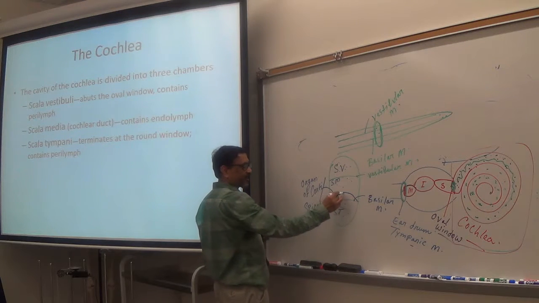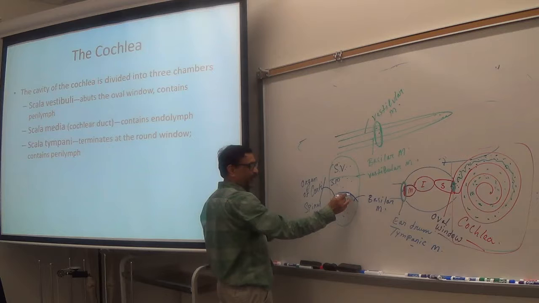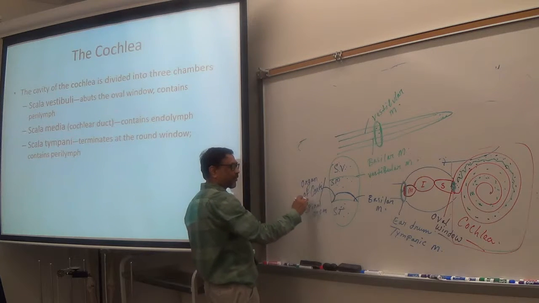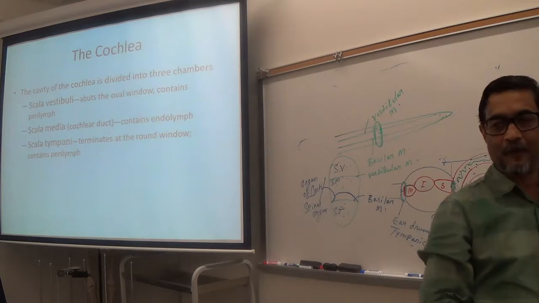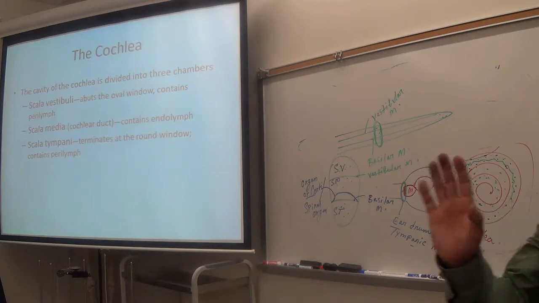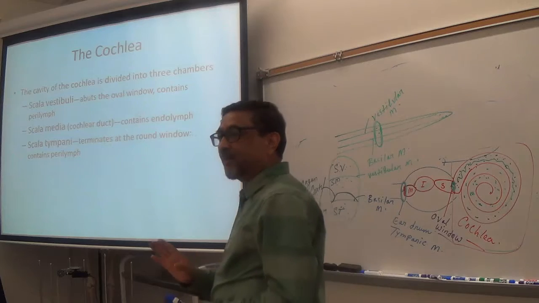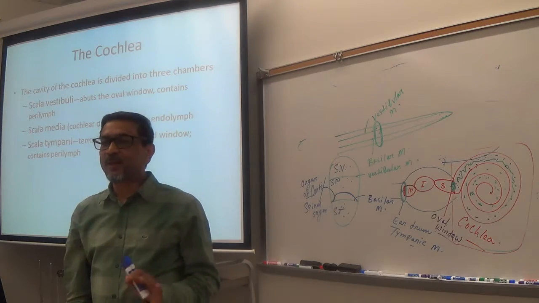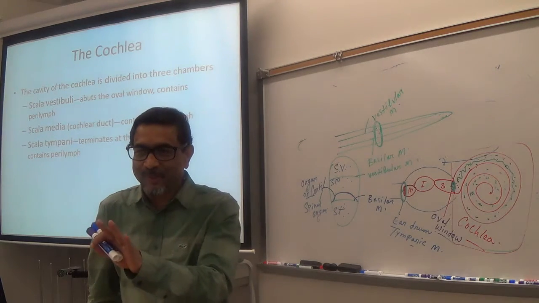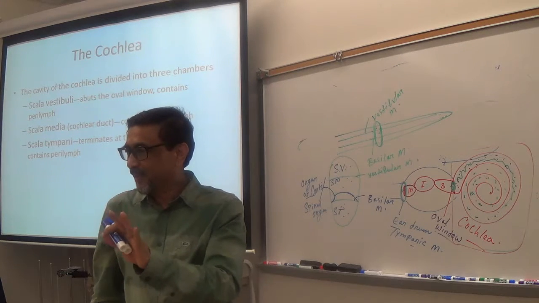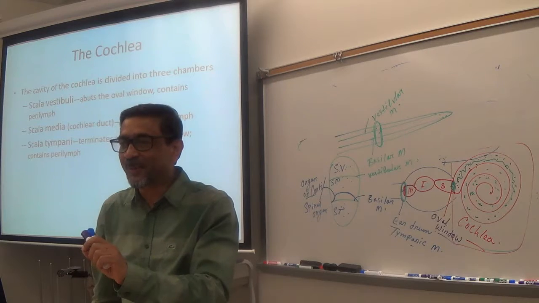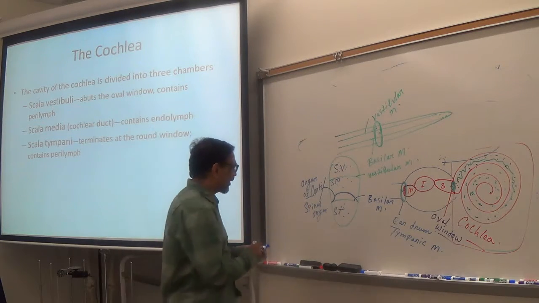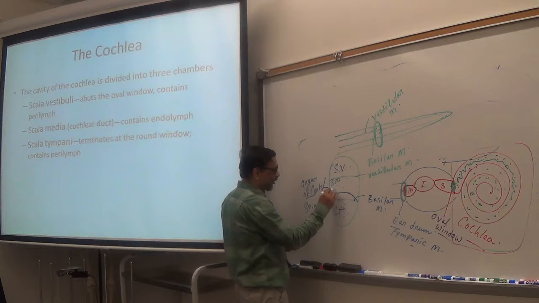So this structure on the basilar membrane is called the organ of Corti. Why is this structure very important? Because inside the cochlea you have the receptors. Remember that? That's why the cochlea is very important, right? So we need to know where inside the cochlea the receptors are located. Receptor cells are located inside the organ of Corti.